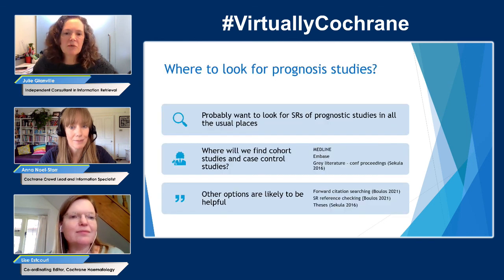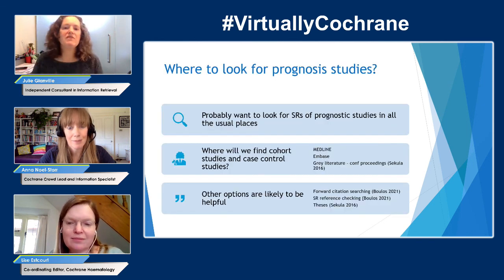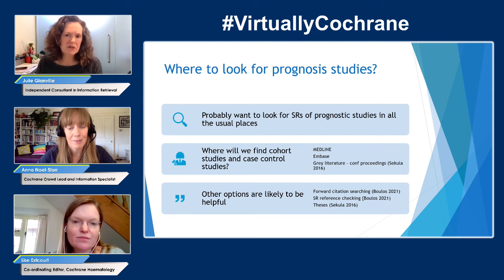I'm going to just summarise where the current evidence is and where we should look for prognosis studies. All the usual places, as Anna's mentioned, Medline, Embase, and also research has suggested that grey literature and conference proceedings might be worth looking at.